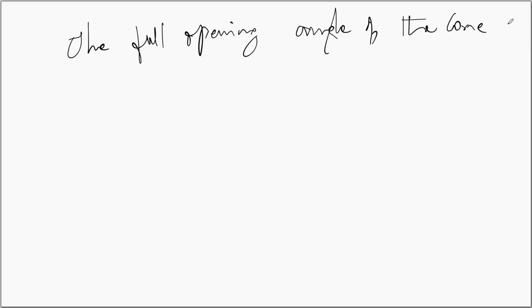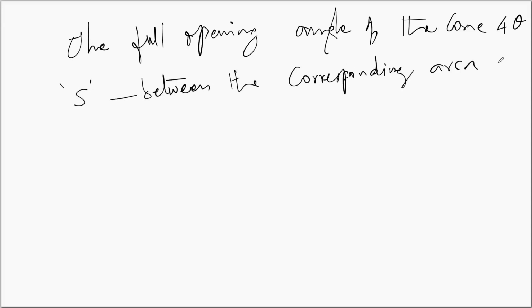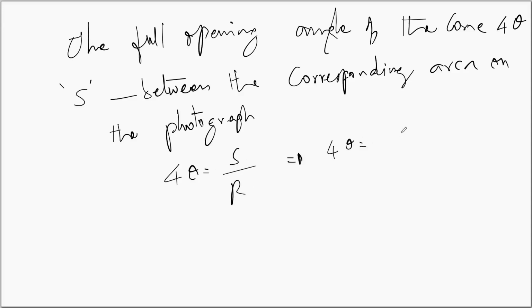If you look at the geometry, we can write the full opening angle of the cone as 4 theta, and this can be measured by measuring the distance s between the two corresponding arcs on the photograph. So we can write 4 theta is equal to s upon r, that is, 4 theta is equal to s by r into 180 by pi degrees.